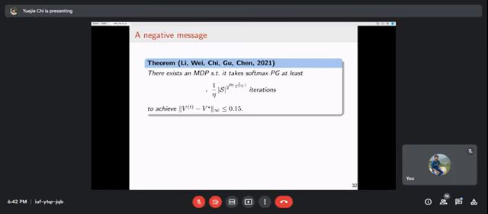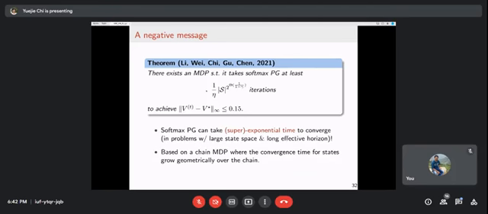So this means for some types of problems, the algorithm can converge extremely slowly and become problematic, especially for problems with large state space and long effective horizon.